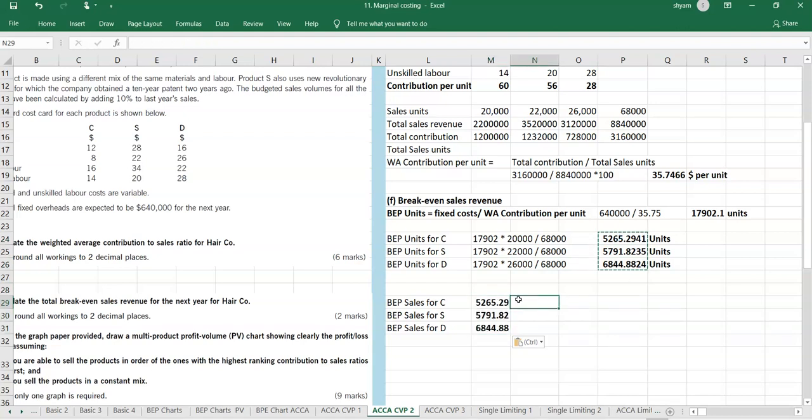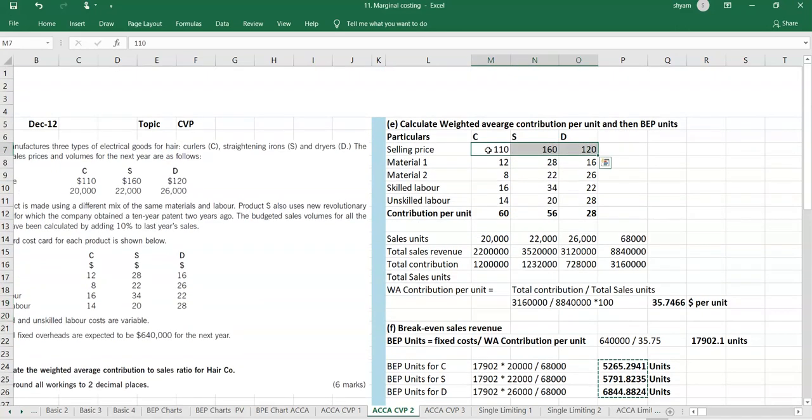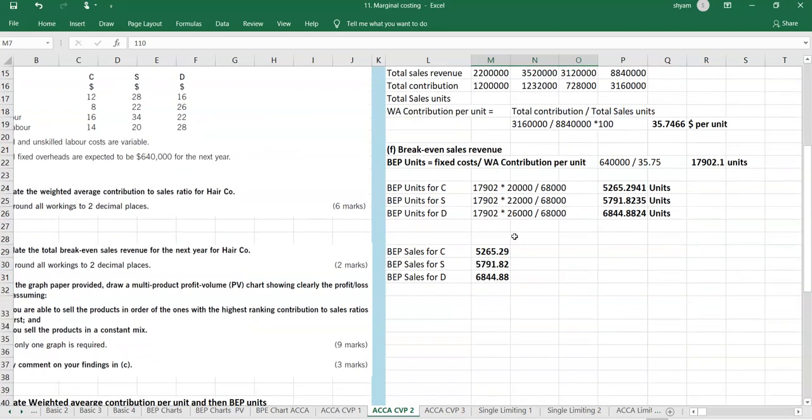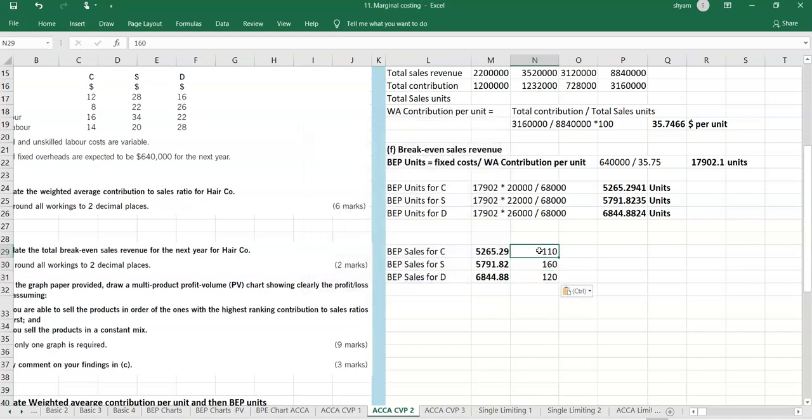We just have to multiply with the selling price of each of these products. So this is the selling price. We'll multiply both.